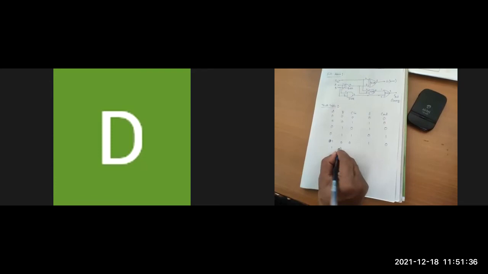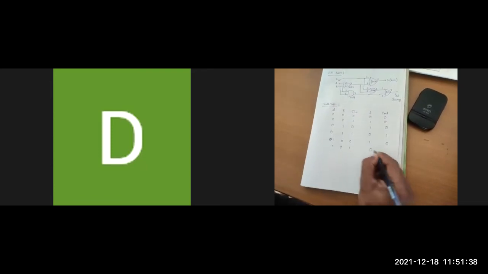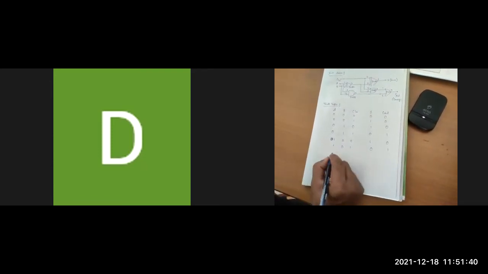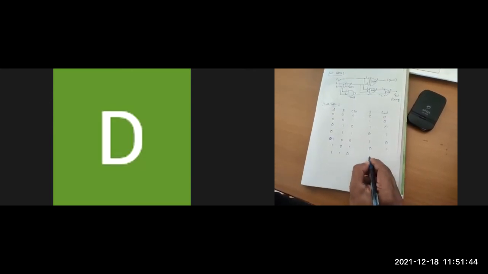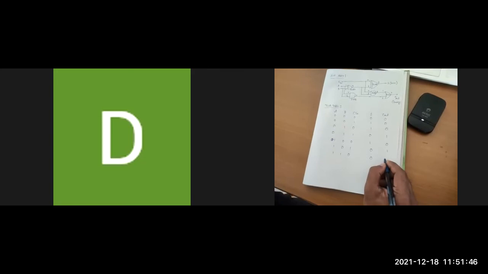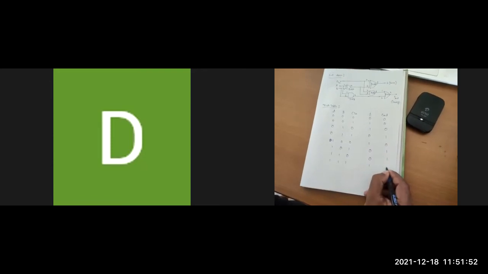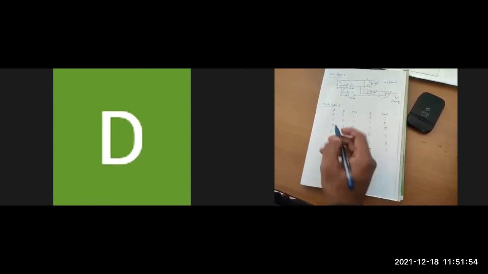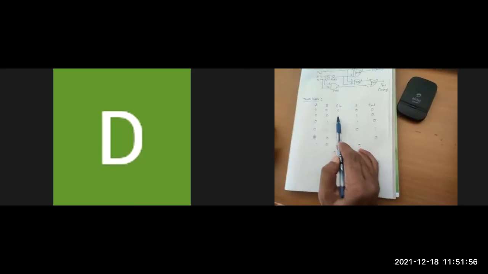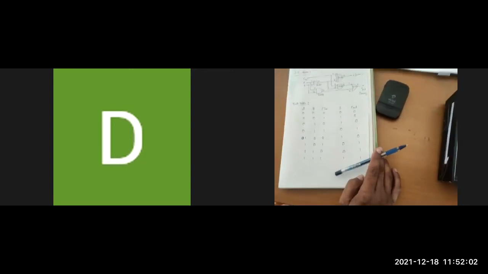For the case of 101, sum is 0, carry out is 1. For the case of 110, sum is 0, carry is 1. And for the case of 111, sum is 1 and carry out is also 1. So this is the 8 combinations: 1, 2, 3, 4, 5, 6, 7, 8. So these are the 8 combinations for the case of full adder.